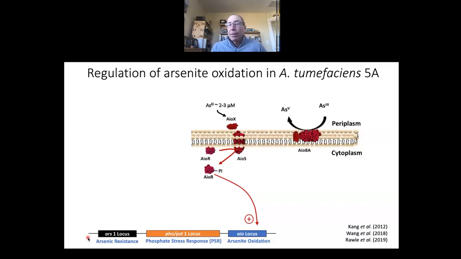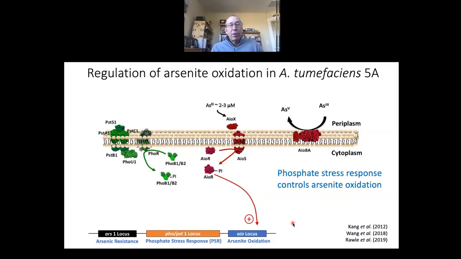So arsenite oxidation essentially converts arsenite to arsenate. And work that we have done shows that the phosphate stress response controls this arsenite oxidation.